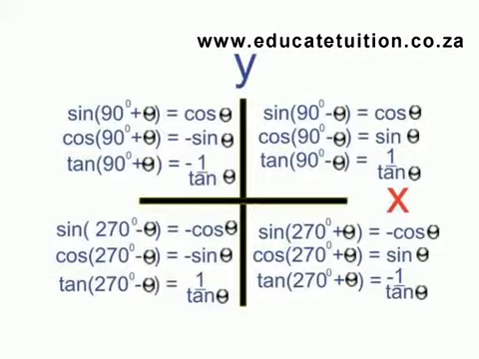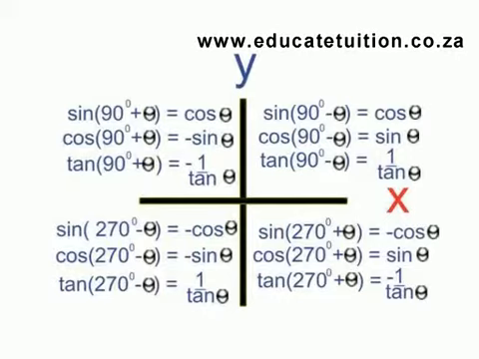Cos of 90 degrees plus theta will equal negative sine theta. Tan of 90 degrees plus theta will equal negative 1 over tan theta. 270 degrees, that's reducing it to the third quadrant, and then we're going to look at the fourth quadrant.